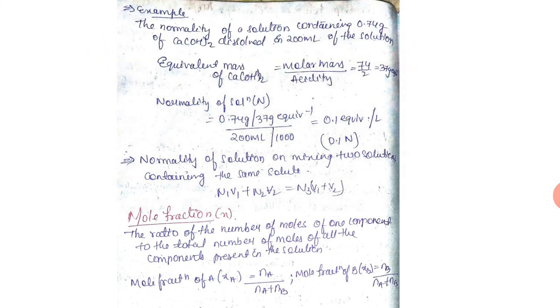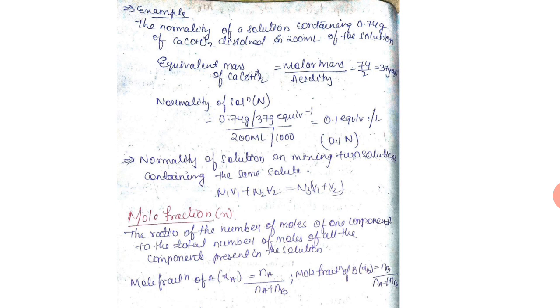So next is normality of a solution on mixing. Here it is the mixture of two solutions containing the same solute. Then the formula is N1V1 plus N2V2 is equal to N3 times total V1 plus V2. So next, mole fraction. Mole fraction is the ratio of the number of moles of one component to the total number of moles of all components present in the solution.